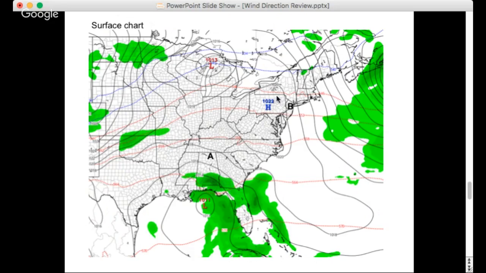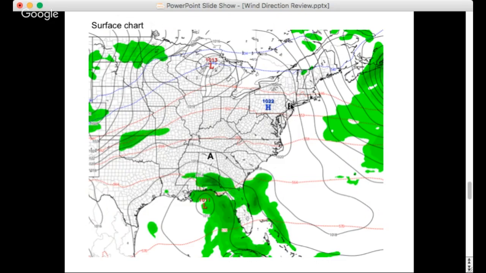All right, so let's look at this area of high pressure and the winds over New Jersey, at location B. We find the closest area of high or low pressure, and that's this high. The winds around this high are going clockwise, like this. So the winds are coming primarily out of the north if we're parallel to these contours.